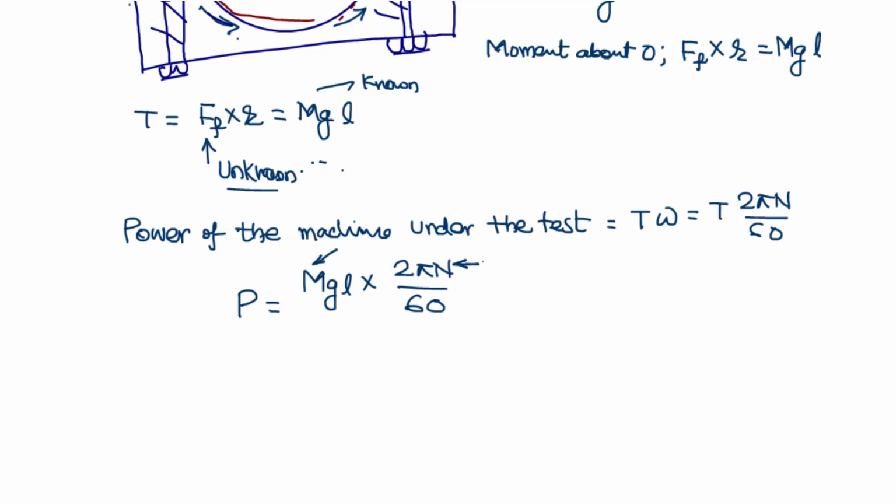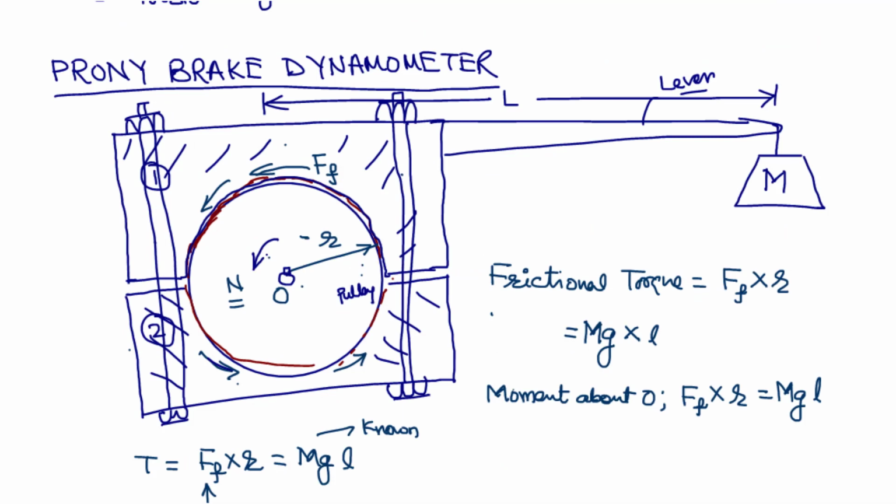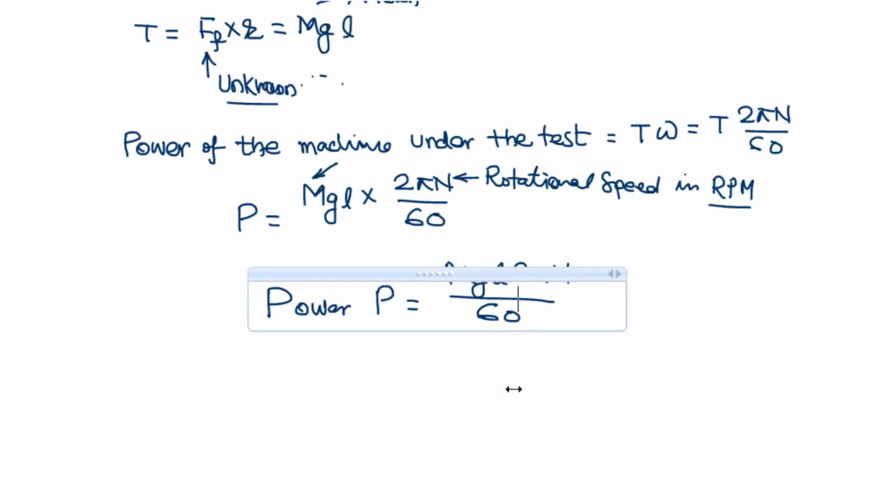N is rotational speed in rpm, L is the length, then power P equal to mgL 2 pi n by 60. This is by Prony brake dynamometer.